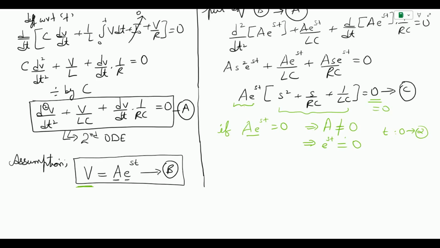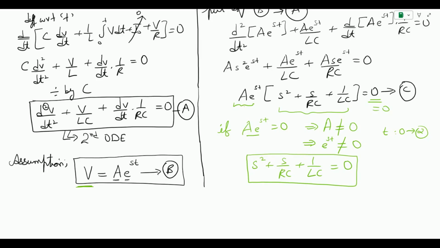This means the exponential cannot be taken as equal to 0, because if we take time equal to 0, then we get the exponential value equal to 1. So the only element that can be equal to 0 is the term s square plus s by RC plus 1 by LC equals 0. So the value inside the bracket is the only possibility which can become equal to 0.